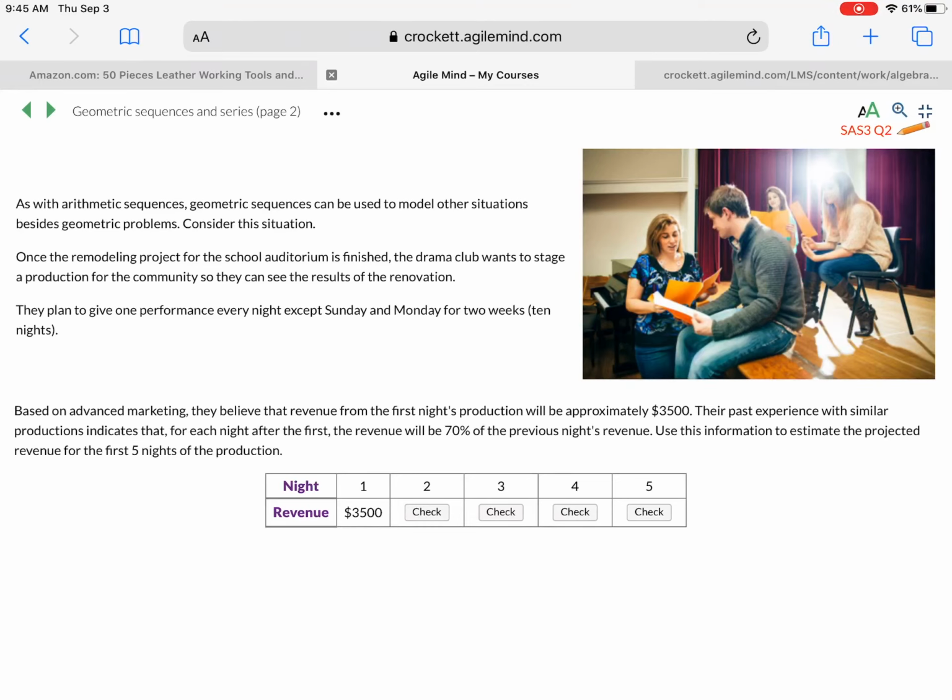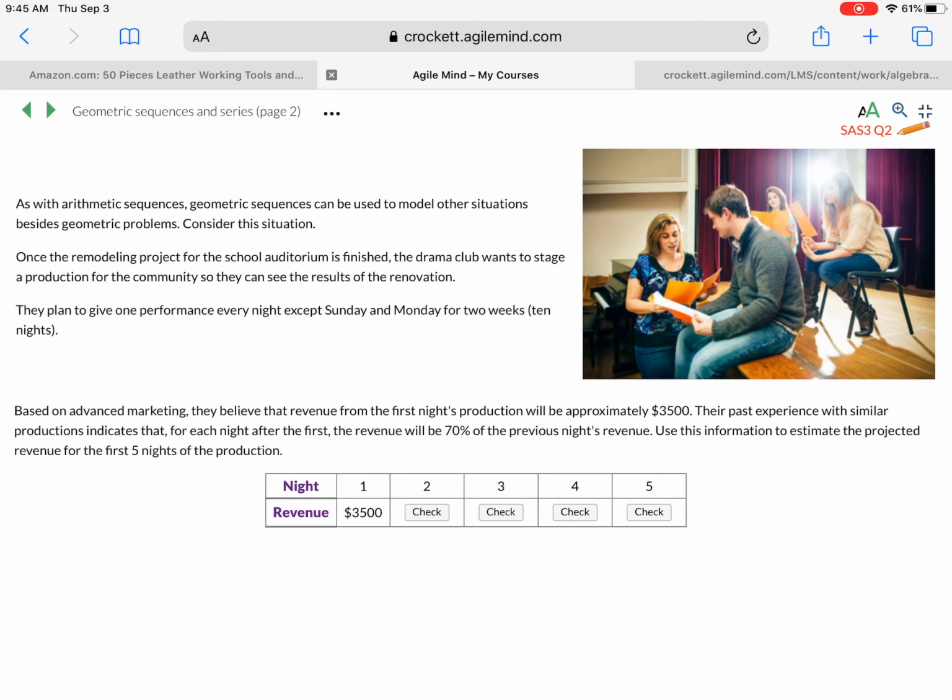Okay. Number 2. So I am first going to read off of your workbook page. So it says, the drama club will give one performance every night except Sunday and Monday for 2 weeks, which is only 10 nights. Club members believe that revenue from the first night production will be approximately $3,500.